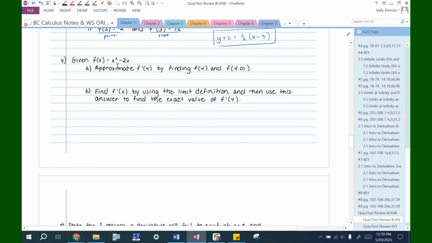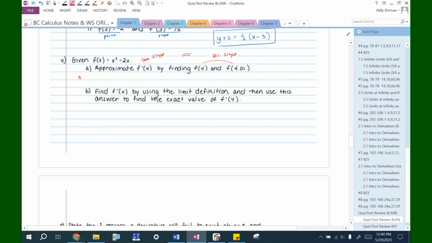Okay, for this one, given f of x equals x squared minus 2x, approximate f prime of 4 by finding f of 4 and f of 4.1. So how are we going to approximate a tangent slope? We will find the secant slope using a point close to 4 and a point very close to it, and that's going to be our approximation.